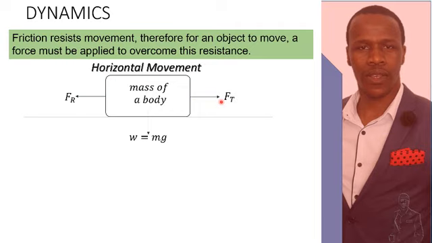So Ft is the force, the tractive force, or the force that is applied to cause motion. So if Ft is moving in that direction, Fr will just oppose it. And there is the weight, but we won't really focus on the weight at this point, because we will not be looking for NR. So that is why we will not be focusing on this one.